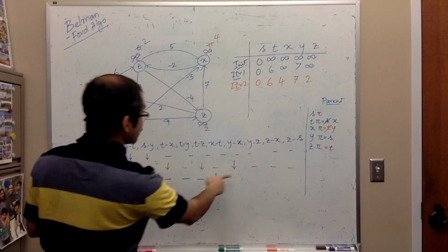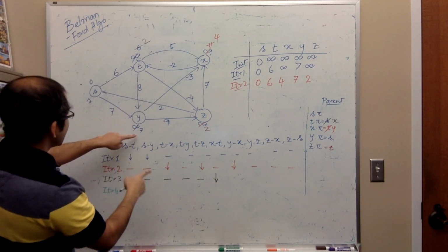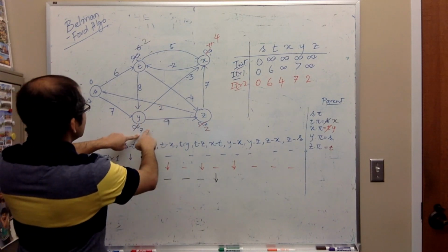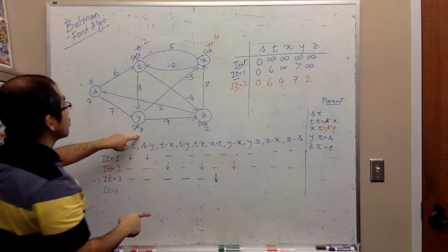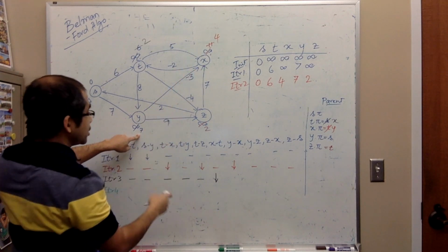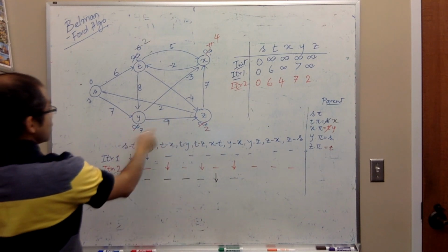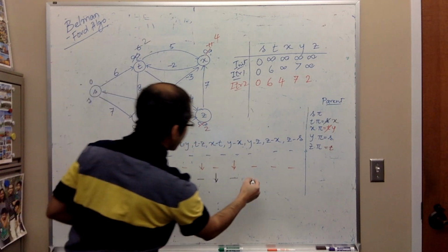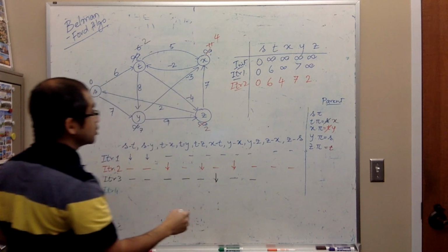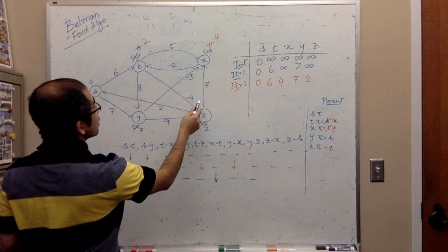Now let's continue. Y to X: Y is 7. Y to X is 7 plus 2, 9, but we have 7 minus 3, 4, that is already there, nothing to do. Y to Z is 7 plus 9. We definitely have something cheaper, which is 2, nothing to do. Z to X is 2 plus 7 is 9.